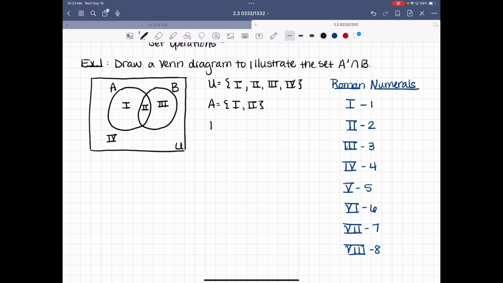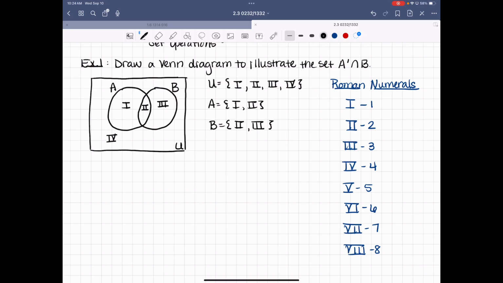Okay. And what regions are in B? 2 and 3. Okay. And like I said, the main reason I have you write them this time is so that you can see what I'm talking about. Because it gets really simple once you've done them several times. You can easily just see.